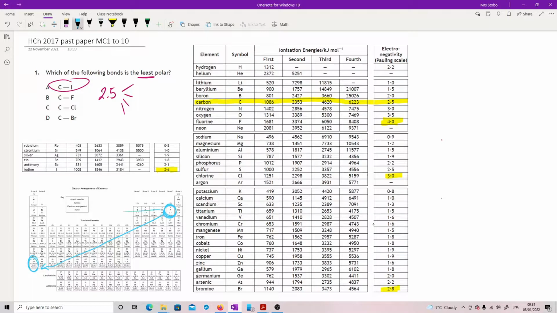If you know this pattern, you can see why your least polar is going to be between these two. Sometimes just knowing the pattern is enough if you are confident in it. I would always check the data book, but that pattern you should know.